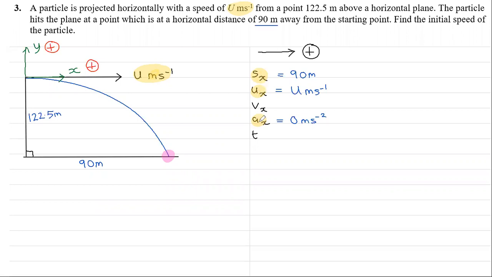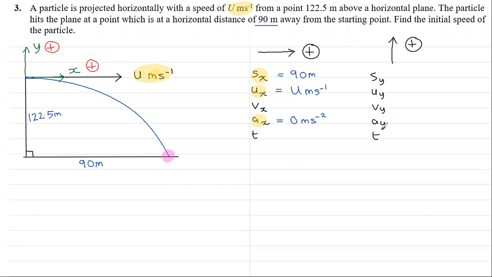So before we do anything, let's have a look at the vertical direction and see if we can do anything with that. So vertically, we've got the same letters, of course, but these are going to be the vertical components. So S_y, U_y, V_y, and A_y.